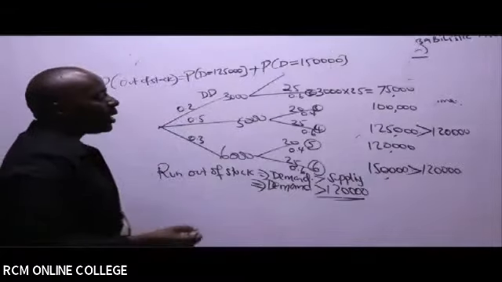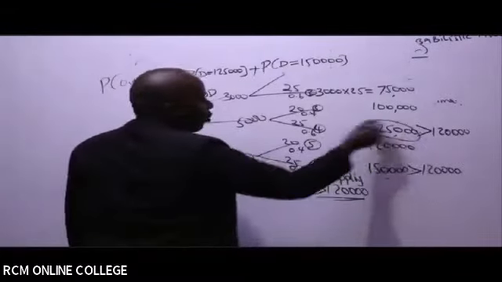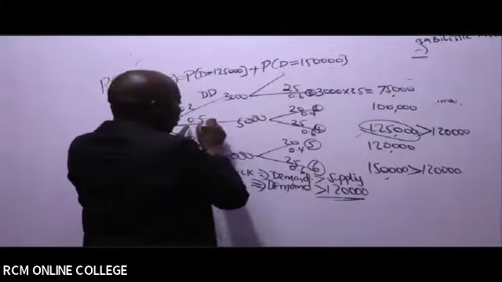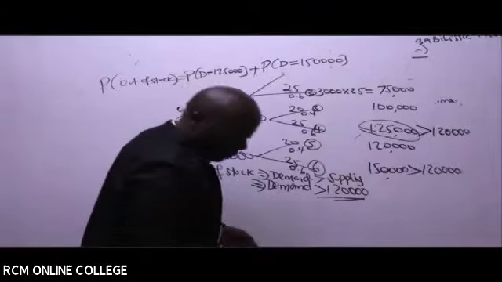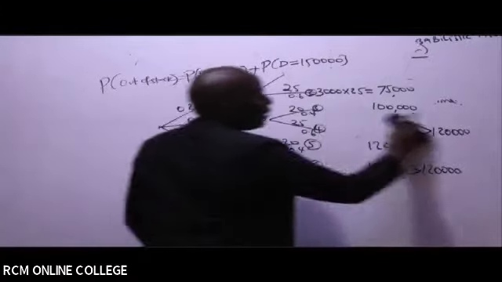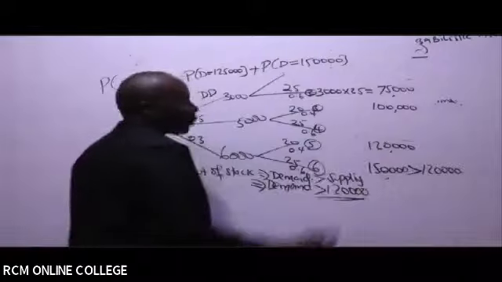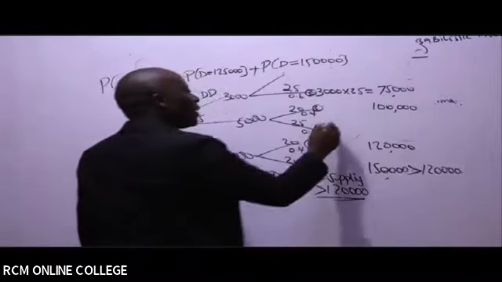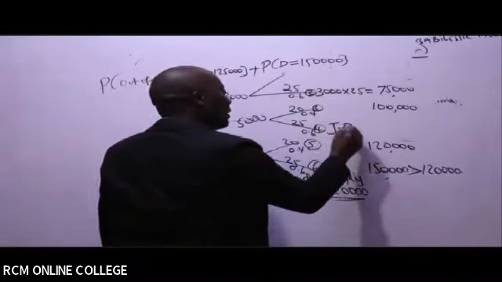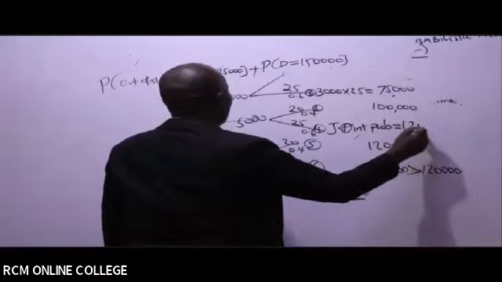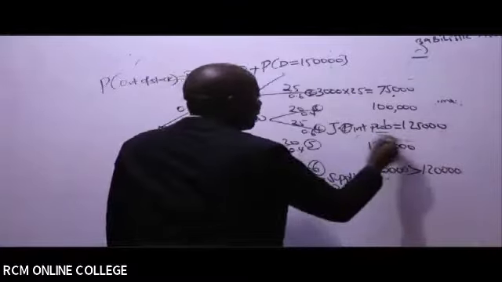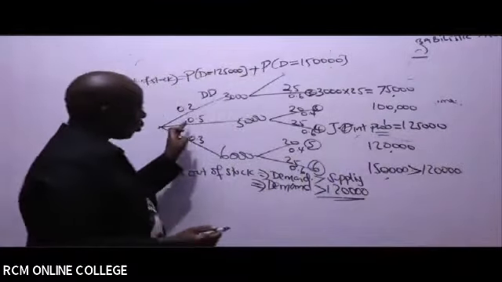Remember this 125,000, how was it gotten? We went through this branch. So now we need what we call a joint probability, for this 125,000. Is there someone who can give me a JP, joint probability? How do we get this joint? There are two probabilities that we need to join.